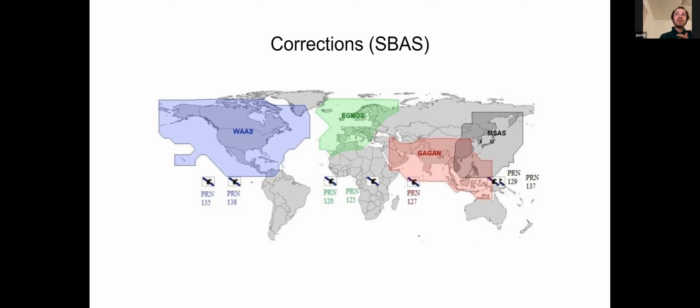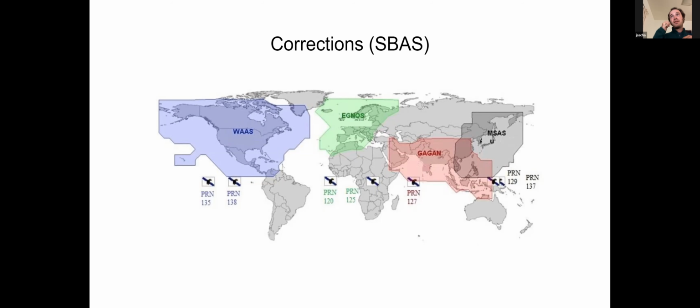We send it up to a separate satellite outside of the GPS or GNSS constellations. Then, depending on whether there are military restrictions and whether it's encrypted, you get that satellite-based correction data back down onto the receiver. Then you have the delta between where it is and where it thinks it is.